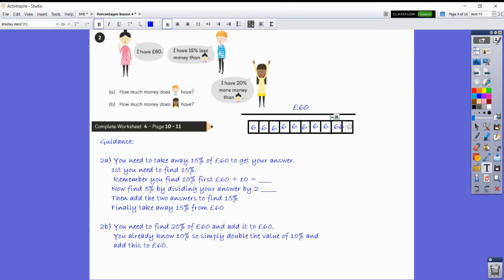So one part is worth £6. There are 10 equal parts, so one part is worth 10%.